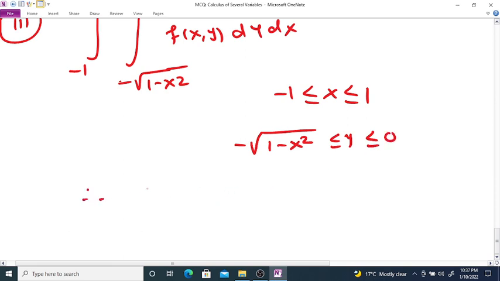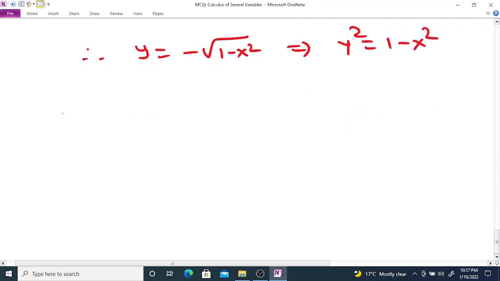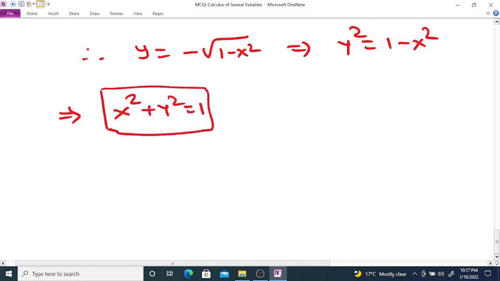So here y is equal to minus under root of 1 minus x square, which implies y square is equal to 1 minus x square, and this implies x square plus y square is equal to 1. We know that this is the equation of a circle having center (0,0) and radius 1.